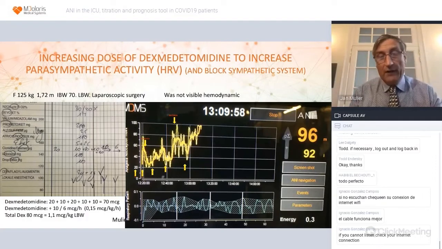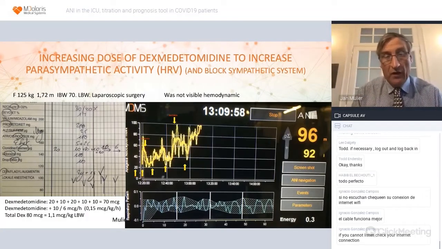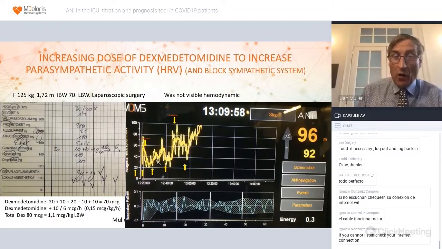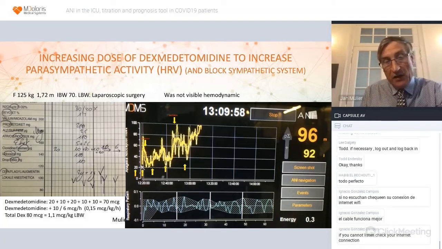I show you a clinical case where we see a patient having a measurement of the heart rate variability with the ANI system. And as you can see here, the parasympathetic tonus is quite low initially, being a high sympathetic tone. And we try to block this sympathetic tone by adding boluses of dexmedetomidine and increasing the dose.